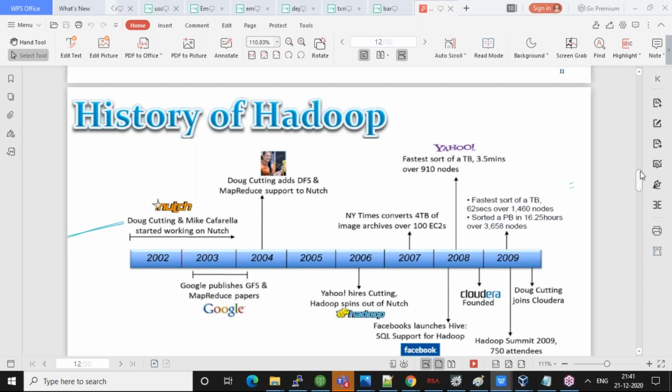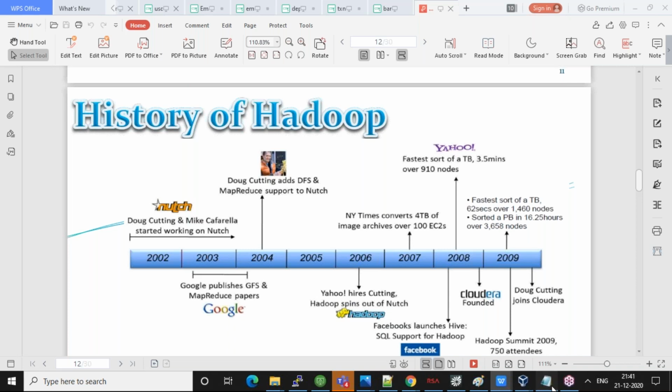In 2005, Doug Cutting introduced Hadoop into the market. In Hadoop also we have two things: processing and storage.